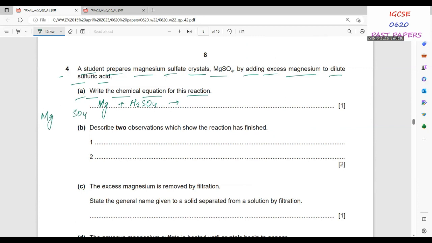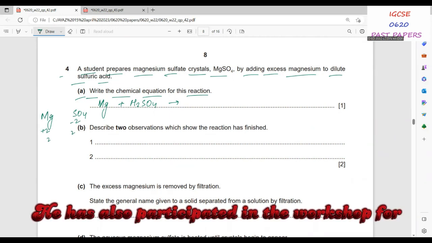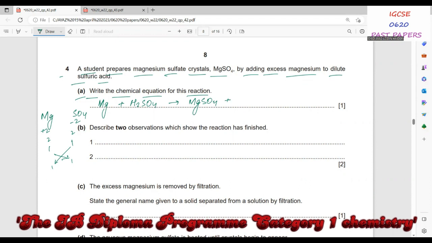Magnesium belongs to group 2, so it will carry +2 charge. Sulfate carries -2 charge. Ignoring their charges, the numbers will become 2 and 2. Both are the same numbers, so the ratio will become 1, 1. So the final formula will be MgSO4. The other product will be hydrogen gas, H2.